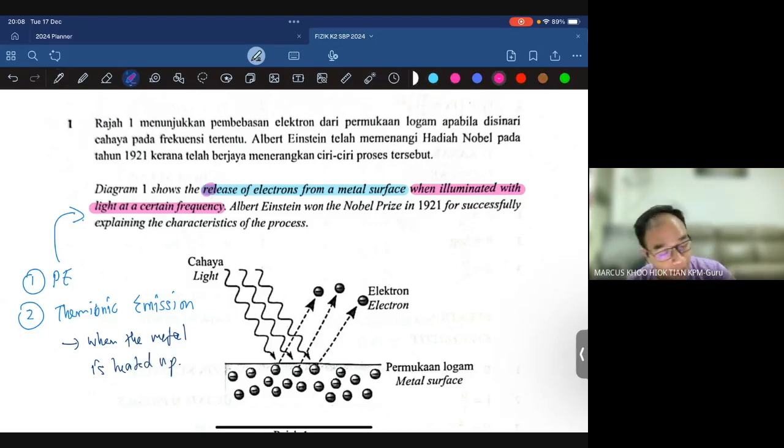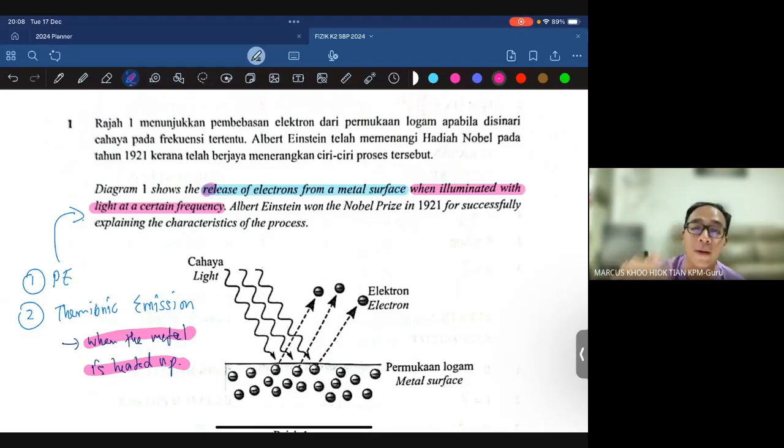So this pink color highlight that I'm showing you is the only thing that is different in terms of the definition. But the beginning of both definitions is the same, for photoelectric effect and for thermionic emission.